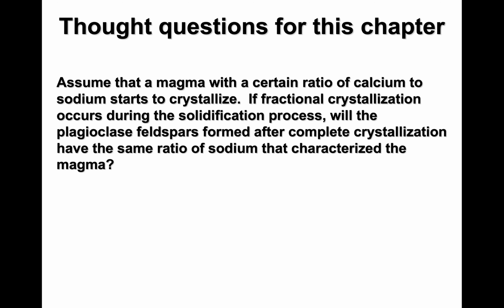Therefore you should now give an explanation how the chemical composition of your bulk, that means of your melt, will change while you are removing, for example, the plagioclase during fractional crystallization.